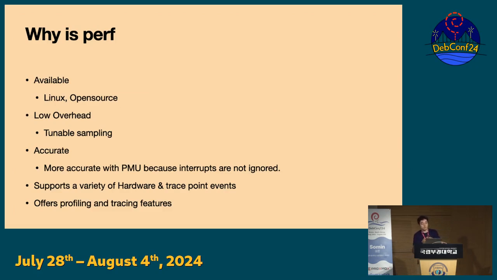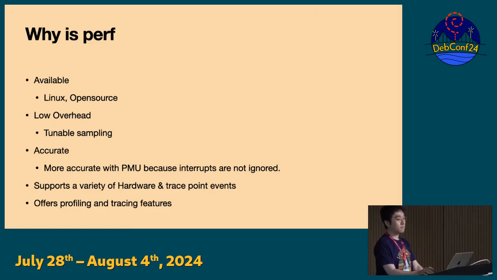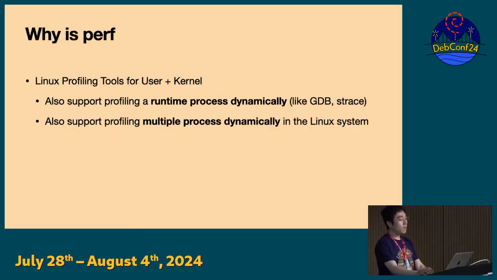First, we can use Perf on every Linux platform, so there is no need to carry a bunch of tools for profiling a Linux system. Second, we can apply an appropriate sampling rate to suit our needs. Third, profiling results are trustworthy. Perf itself supports many filtering and statistical features.